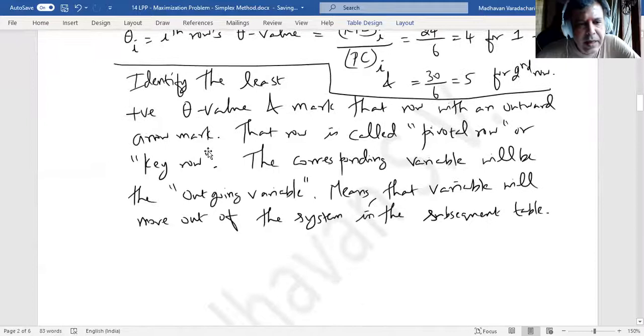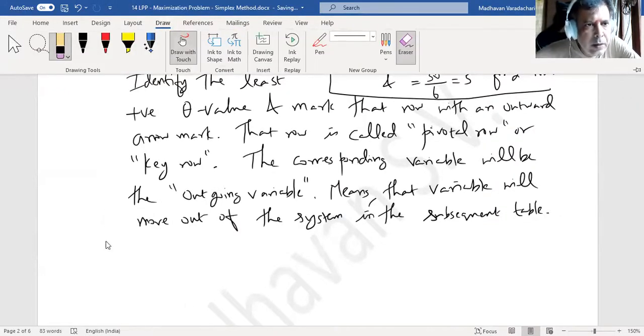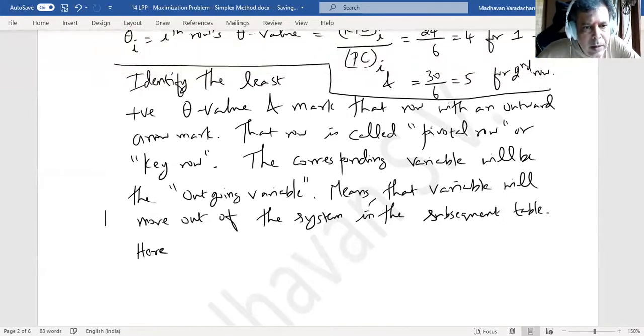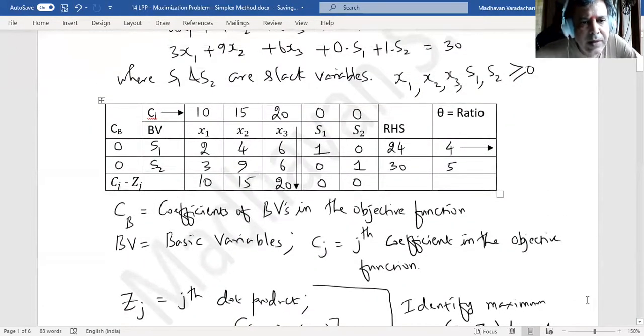So the outgoing variable is S1. That is what it is, right? Yes. So here we have this X3, outgoing variable is S1.